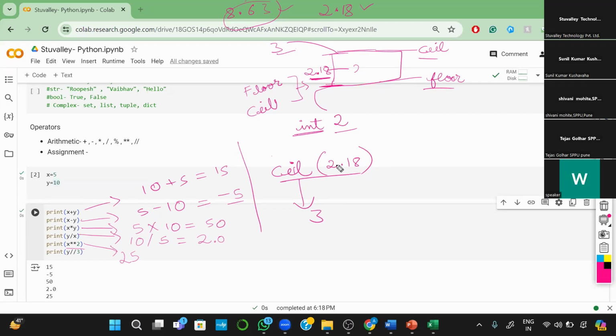Now if someone asks what is the floor value of 5.05, guys, what is the floor value of this? 5, everyone, yeah. And what is the ceil value of this? Ceil value 6, correct? Yeah, perfect.